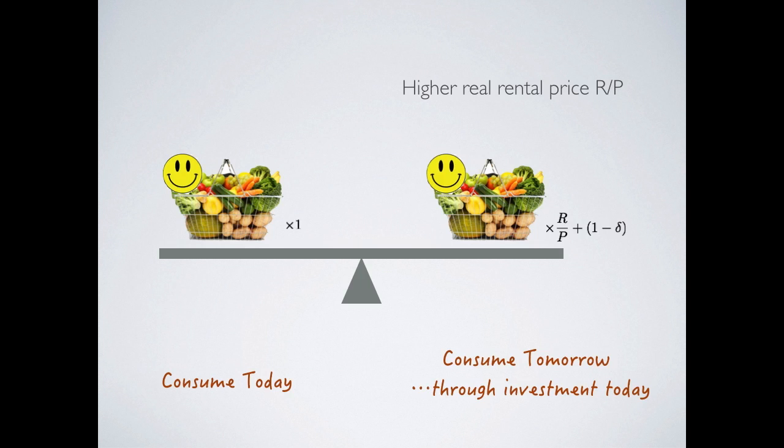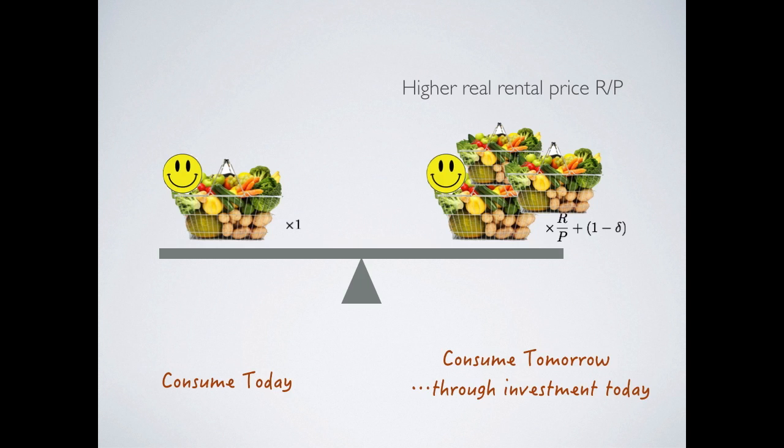Now we consider a scenario. Suppose something happens so that R divided by P, which is the real rental price, increases. What does that mean? How does that affect households' intertemporal consumption decision? First, we know that if the real rental price increases, then any one unit of investment today would give you more baskets of consumption tomorrow.